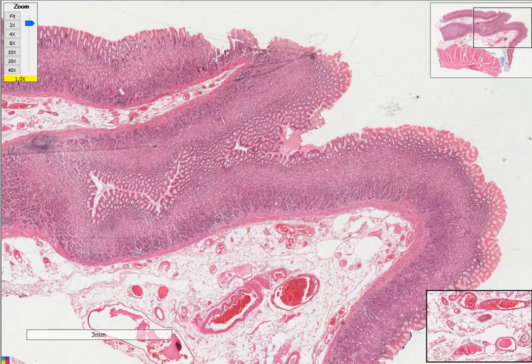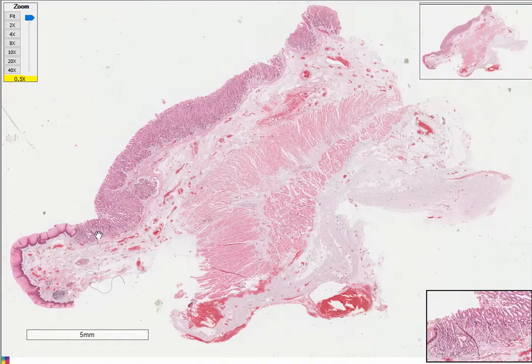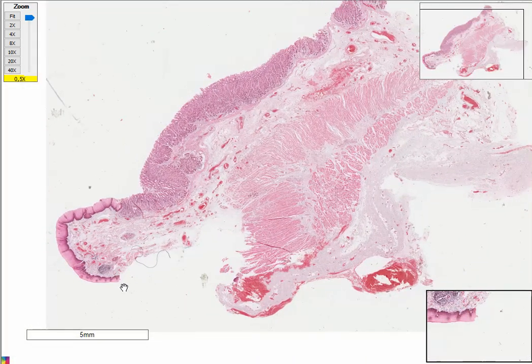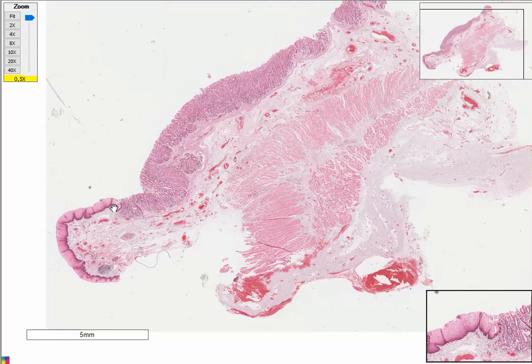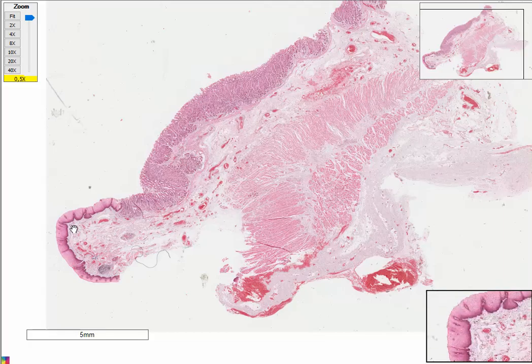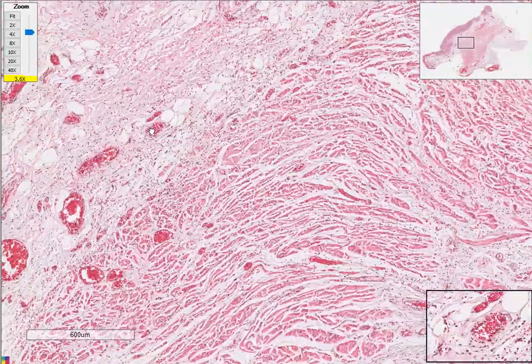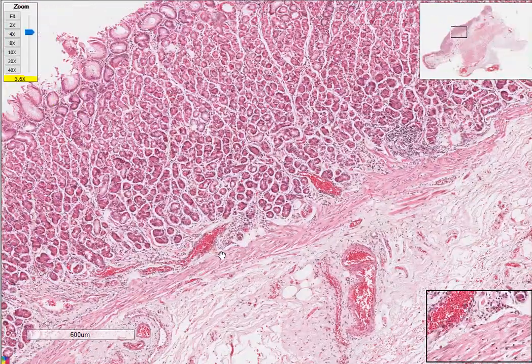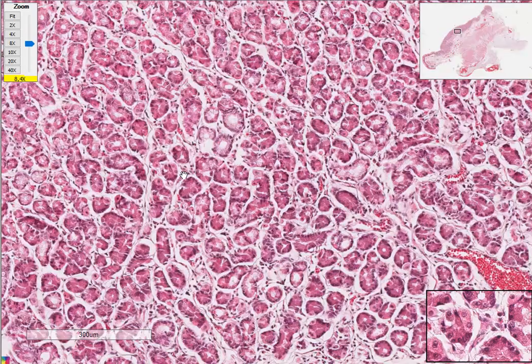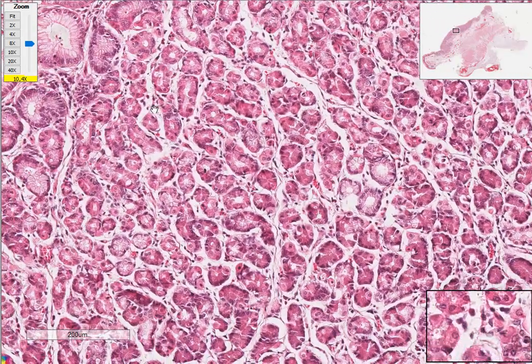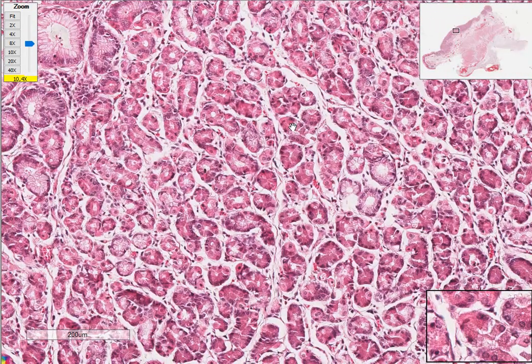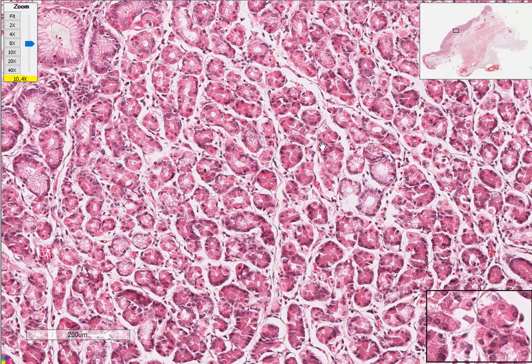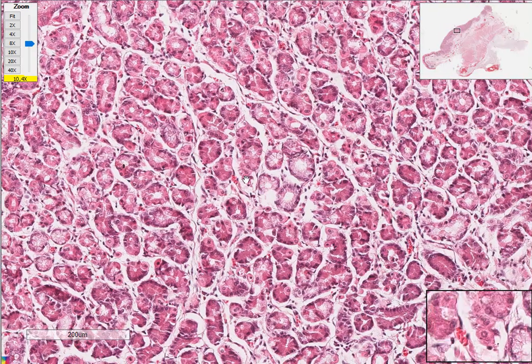So let me just, if you remember this slide, the gastroesophageal junction. Remember from the esophagus here, it's lined by stratified squamous epithelium, which I'm showing here with the mouse. And then as we go down into the stomach, we enter the fundus. So like I just said, the fundus consists of more parietal cells, which is what you expect to see here. More fried egg appearing cells with abundant eosinophilic cytoplasm here.